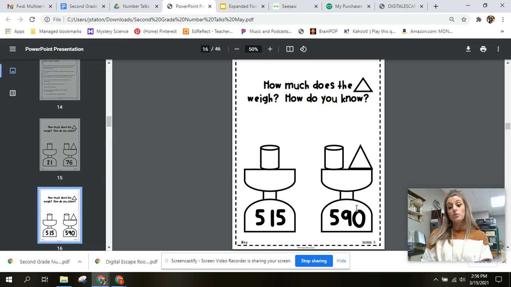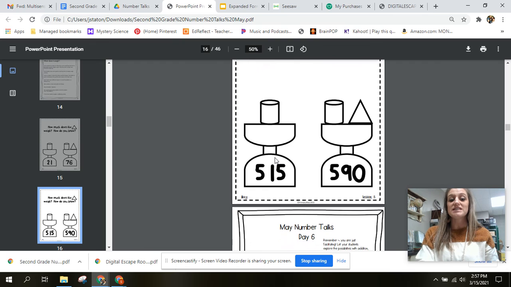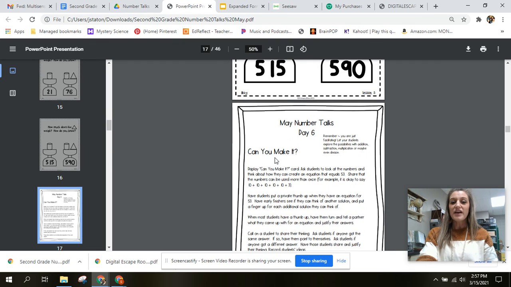So we are saying right now that the triangle must be 75, because if together they weigh 590 and we took out the 515 that the cylinder weighs, since both of them have a cylinder on it, that leaves whatever's left. We didn't do it by subtracting and figuring out what's left. We found it by starting at 515 and counting up to 590. That part in the middle is still the difference. We still found the difference. We just added. Okay, very good.